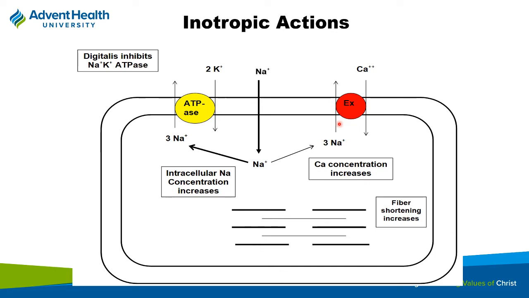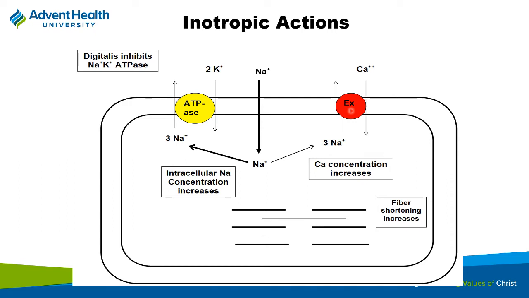Now that there's more sodium inside of the cell, it's going to put this pump into overdrive because there's so much extra sodium that doesn't have a means to get out. So sodium will go out of the cell, and calcium is going to come into the cell. And what does calcium do within the myocyte? Causes contraction. So by increasing the amount of intracellular calcium content, you increase contractility.